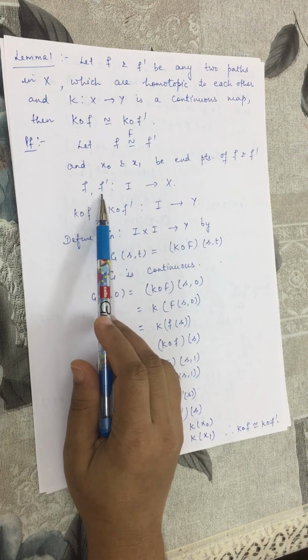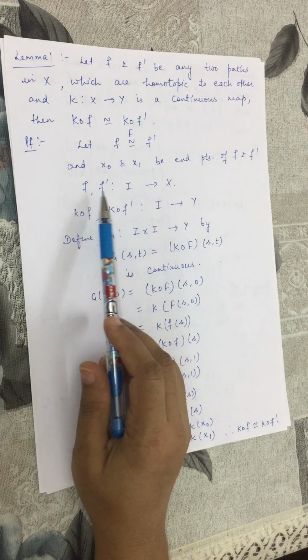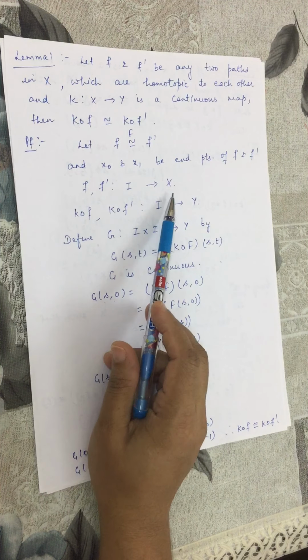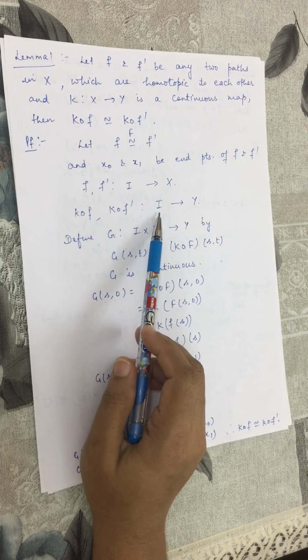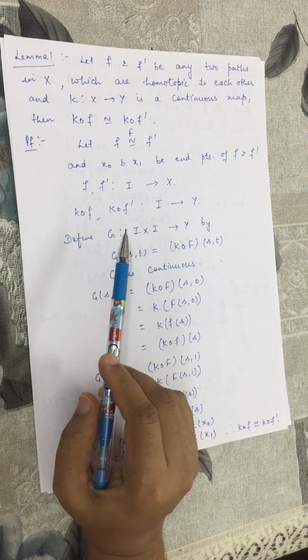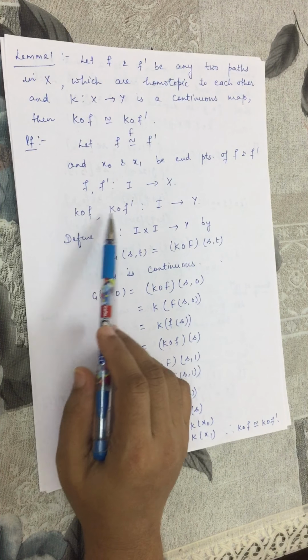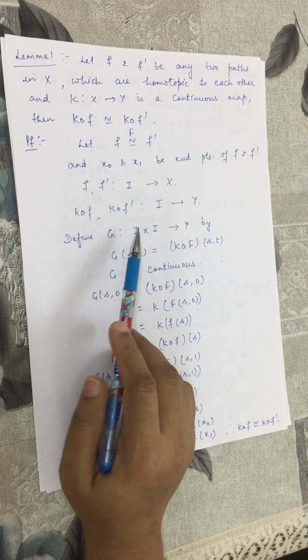Then since f and f dash are paths in X, they are continuous mappings from I to X. Therefore k circle f and k circle f dash are continuous mappings from I to Y. Now we have to prove these two to be homotopic to each other.